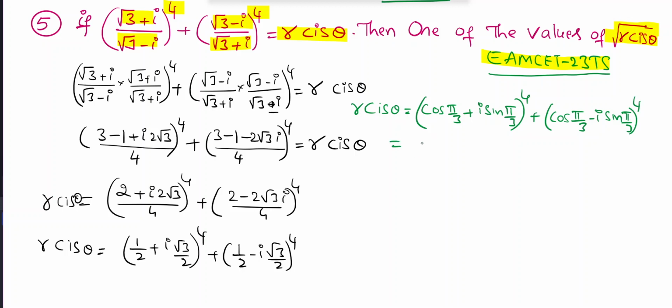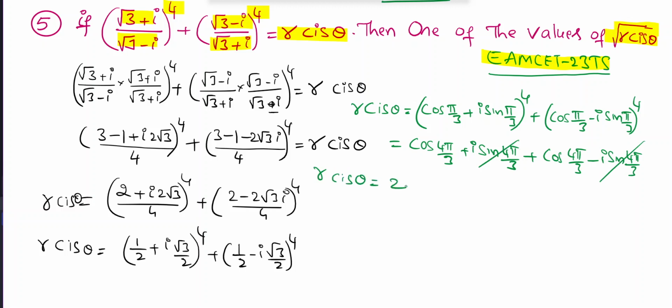Applying De Moivre's theorem, this is cos 4π/3 + i sin 4π/3 plus cos 4π/3 − i sin 4π/3. So the imaginary term is cancelled. From this, r cis θ equals 2 cos 4π/3, which is written as 2 cos(π + π/3).